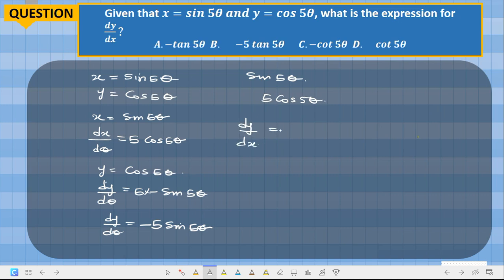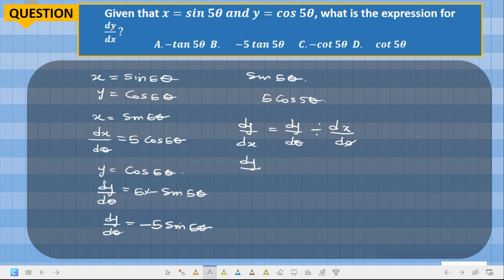Now what we now do here is to find our dy/ds. It is usually dy/d theta divided by ds/d theta. Why is it like that?